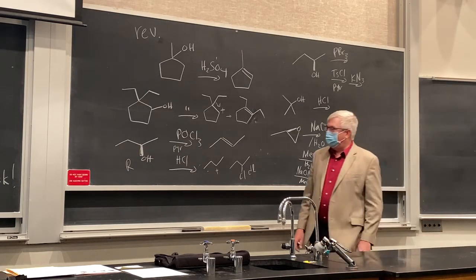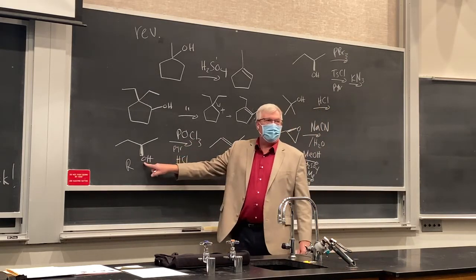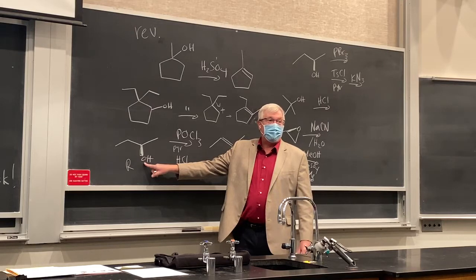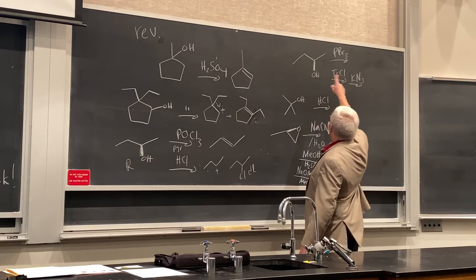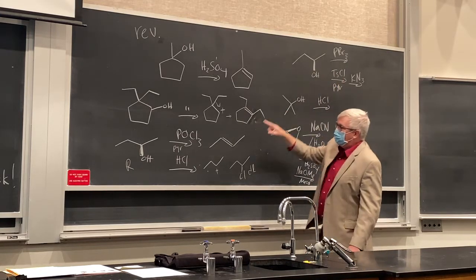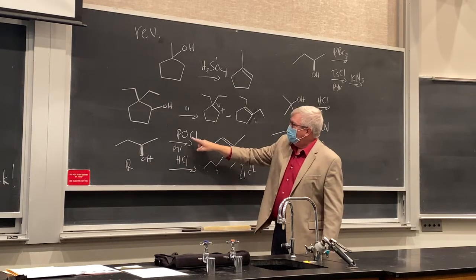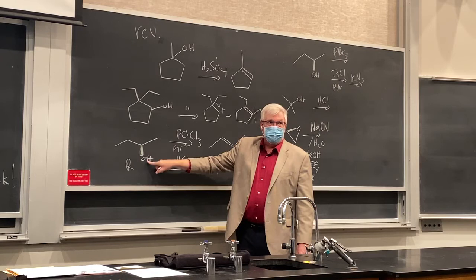Yeah. Okay. Yeah, so this forms a phosphorus-oxygen bond. Remember, it turns it into a good leaving group, like thionyl chloride. We could look at the thionyl chloride one coming up here, PBr3, or thionyl chloride up here. And that's very good. So the POCl3 here forms the phosphorus dichloride oxide leaving group here, okay?